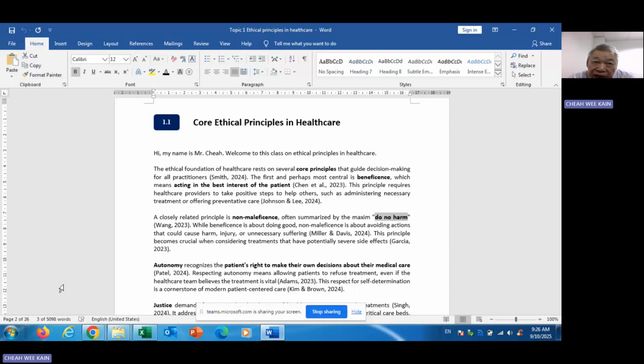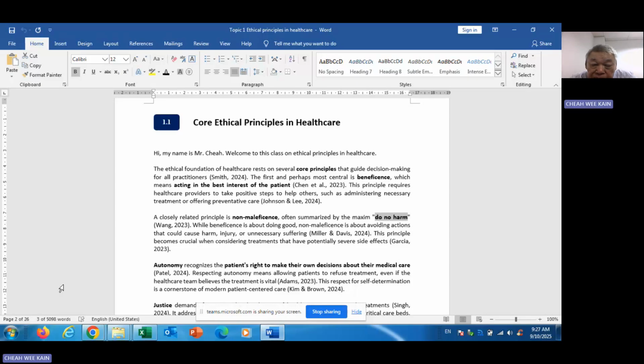Or you may be unfamiliar. Let's say a patient is having a heart attack and you're a doctor, but you're not a medical doctor. You're a dentist. Right? So you shouldn't go and practice heart surgery at that particular point of time. Okay, so do no harm. Now, unintended kindness can cause a lot of harm if you do not know what you are doing as a medical practitioner.